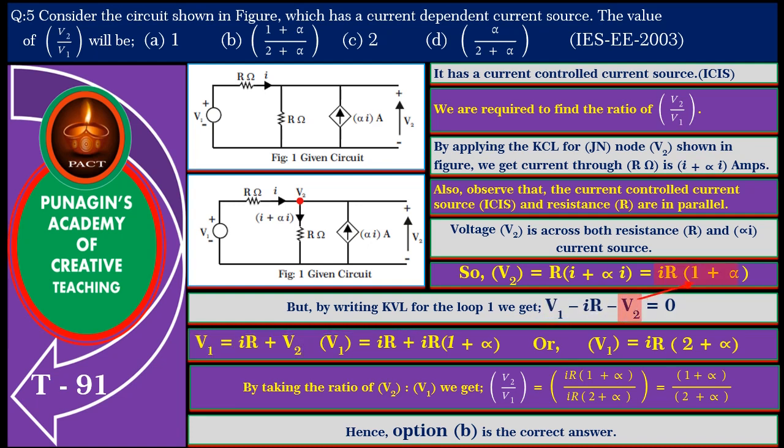By substituting for V2 and solving, we get V1 is equal to IR into bracket 2 plus alpha volts. By taking the ratio of V2 to V1, we get V2 to V1 is equal to 1 plus alpha divided by 2 plus alpha. Hence, option B is the correct answer.